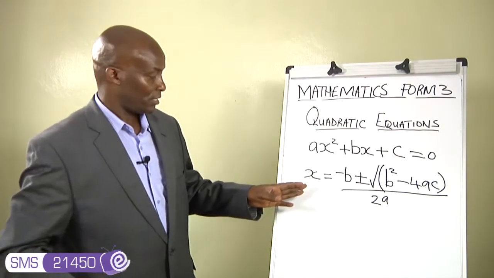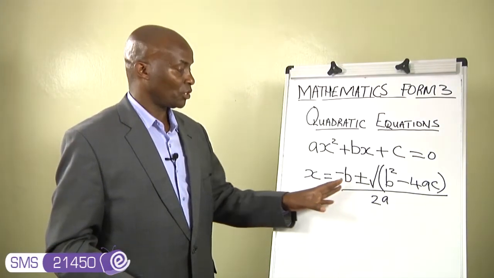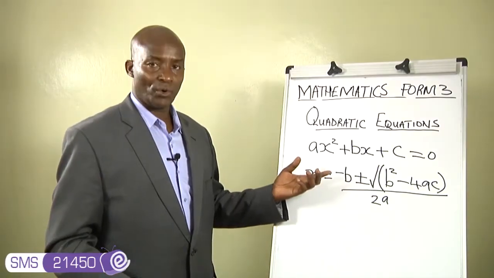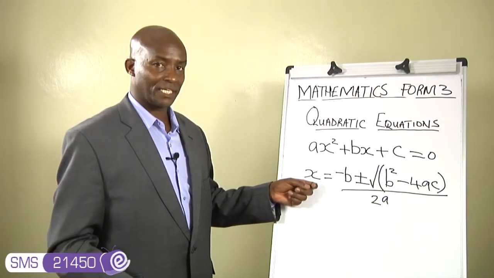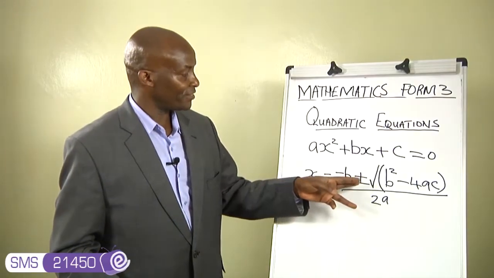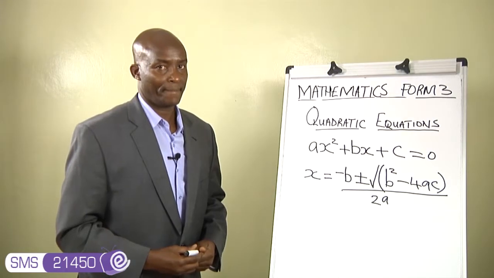So you can see that this formula will give us the solution to any quadratic equation because it has x on the left-hand side and the constants on the right-hand side.